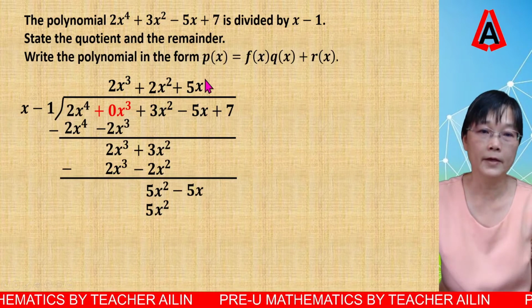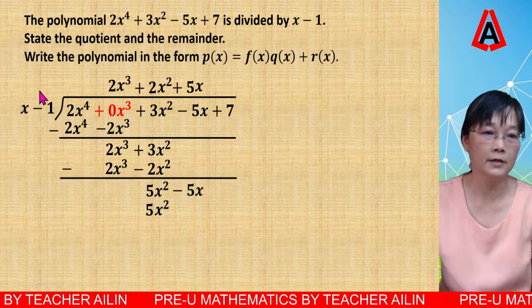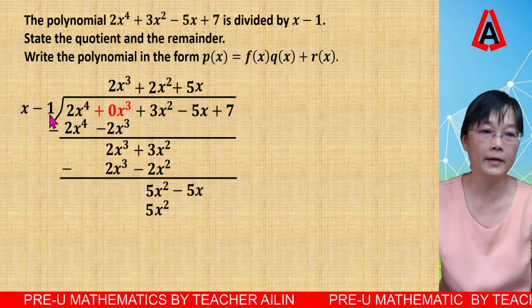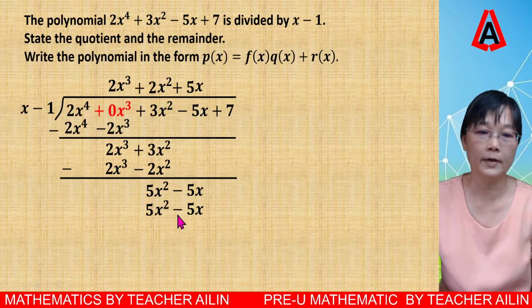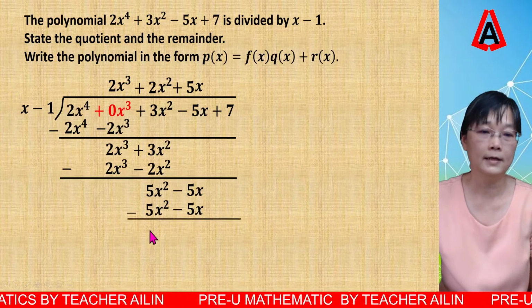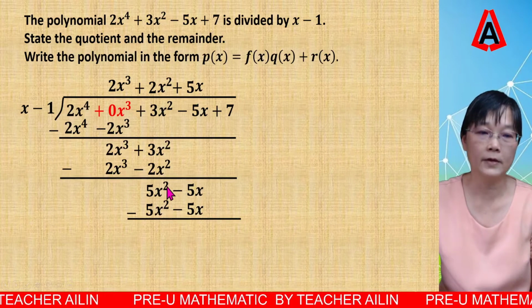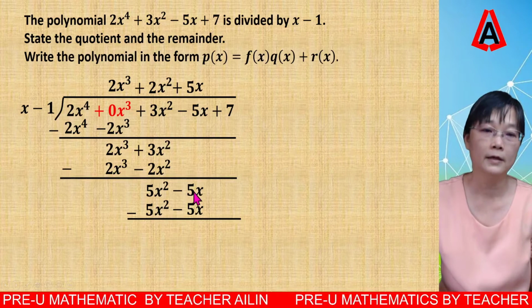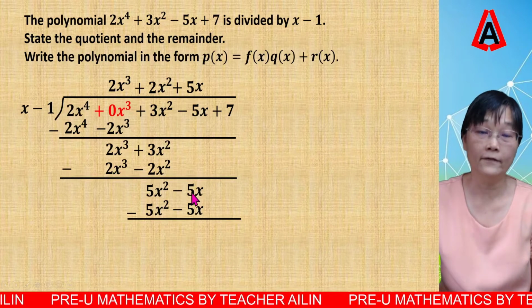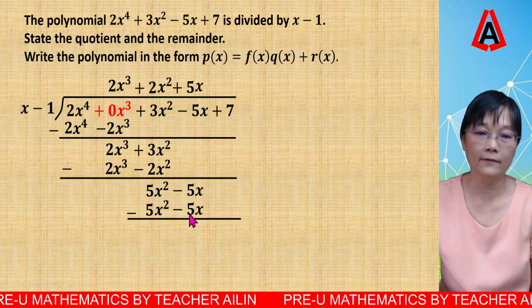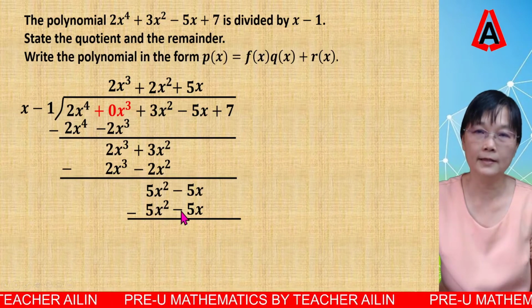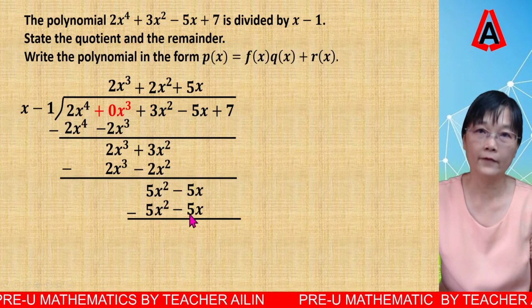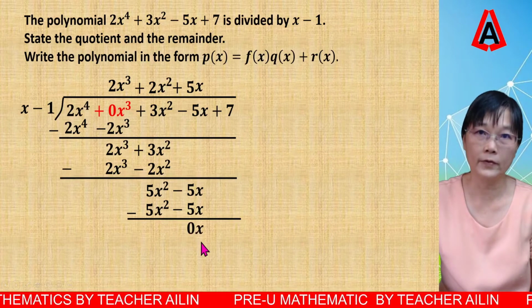Then by using this term, we continue multiplying by negative 1. So 5x times minus 1, then we will get minus 5x. Then we minus: 5x power 2 minus 5x power 2 is 0. Now for this one, negative 5x minus negative 5x. Since negative and negative becomes positive, negative 5 plus 5, then we will get 0x.